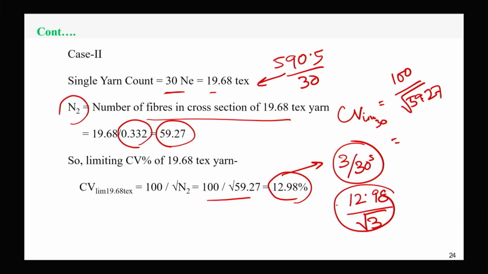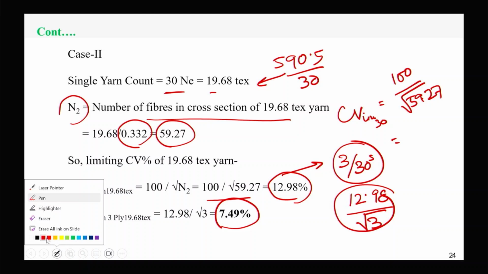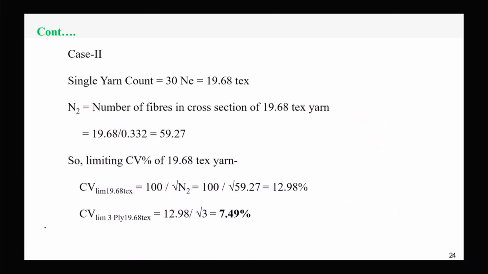It is the CV of plied yarn. So what will we get? The value of CV of plied yarn is 7.49%. Okay, this is the minimum CV of 3 ply of 30 NE yarn.